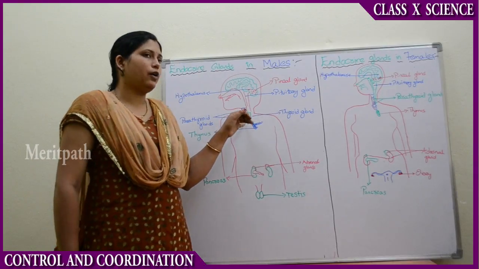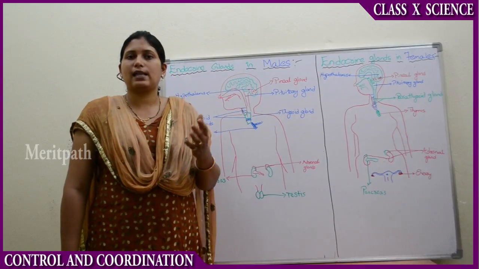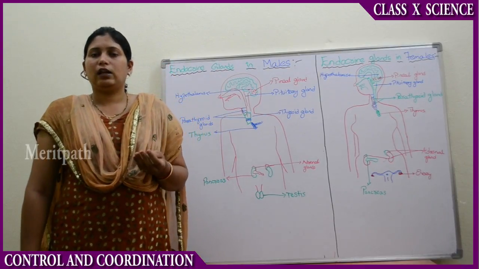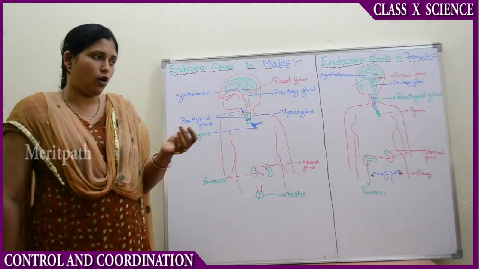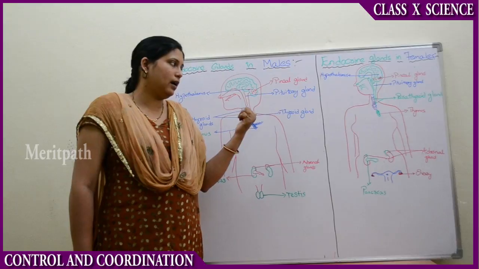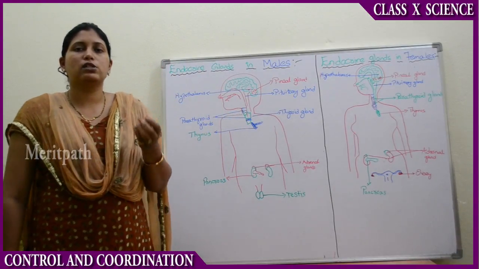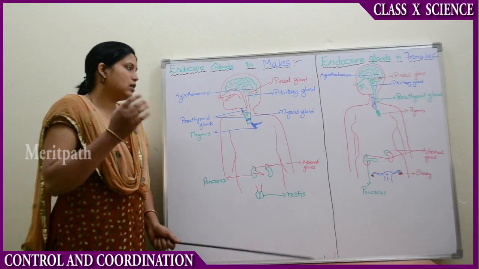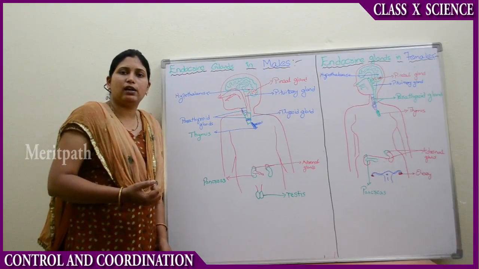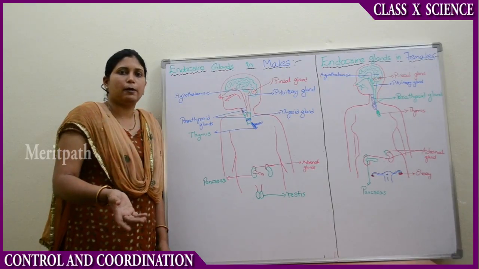If there is no iodine, then the thyroid gland will not be able to secrete its hormones: thyroxine, T3, T4, thyroid stimulating hormone. All these hormones are secreted by the thyroid gland, and for the production of all these hormones, iodine is necessary. This iodine is sourced from the salt we eat. And the function of the thyroid gland is the general metabolism of the body.